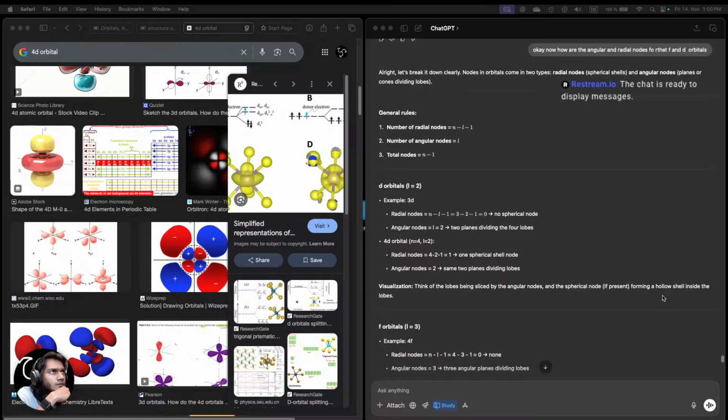Okay, I get the radial node being a sphere. I got that. But how are the orders?